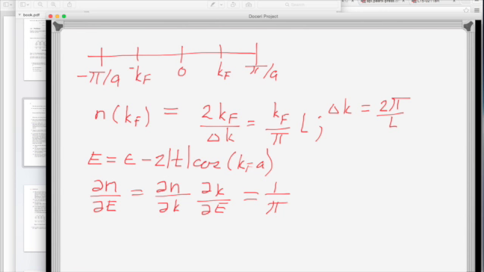I can't remember the derivative of the arc cosine, so I better do dE dk. Oh, that's my velocity: dE dk is equal to h bar times velocity. And so dE dk inverse is 1 over that. So that's 1 over pi h bar times velocity. There's the density of states in terms of velocity. I did the easy one. I'll leave you the hard ones for energy.